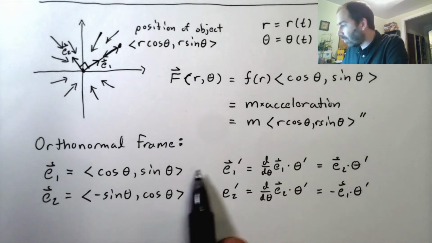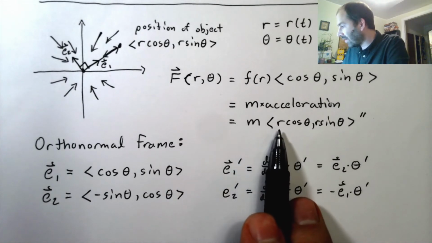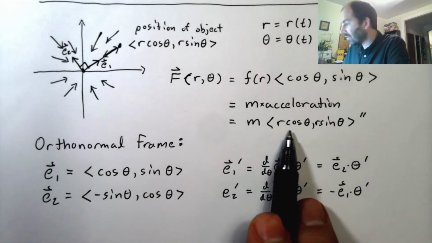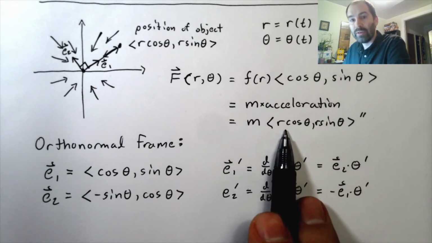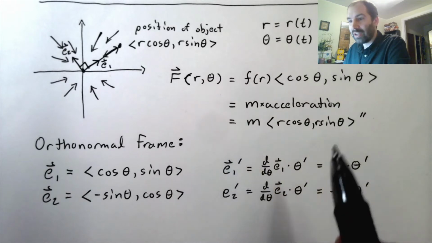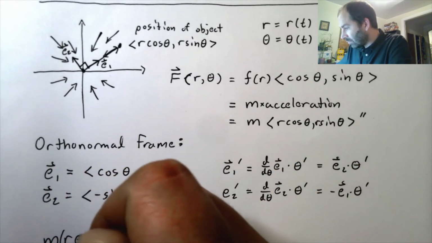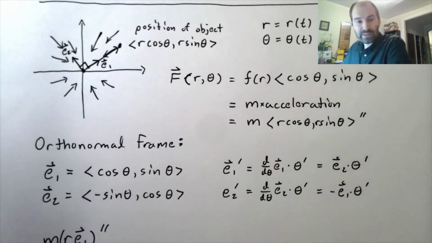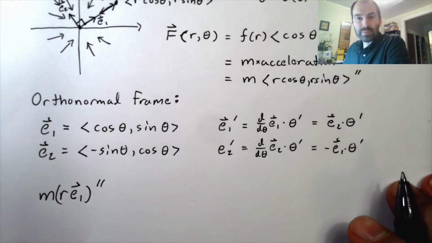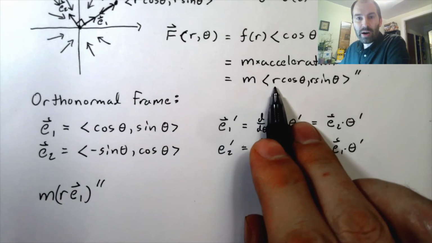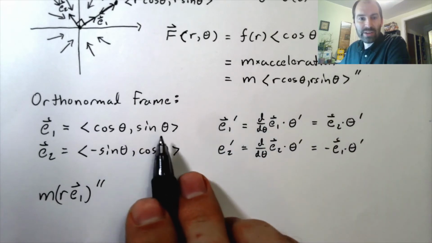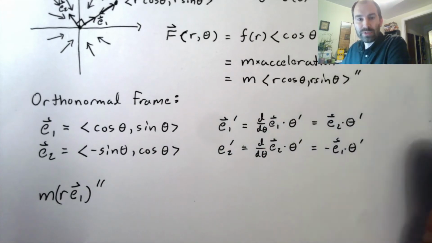So what we're really doing is taking mass times the second derivative of r times E1. So on this side of the equal sign, we have mass times r times cosine, sine, which is E1, and we're taking two derivatives.